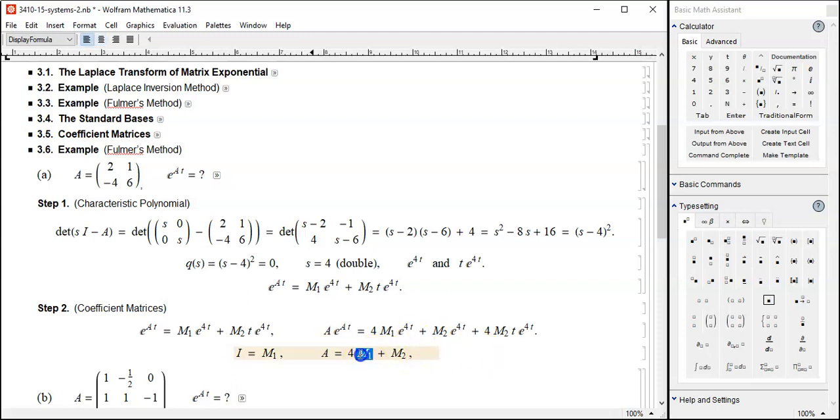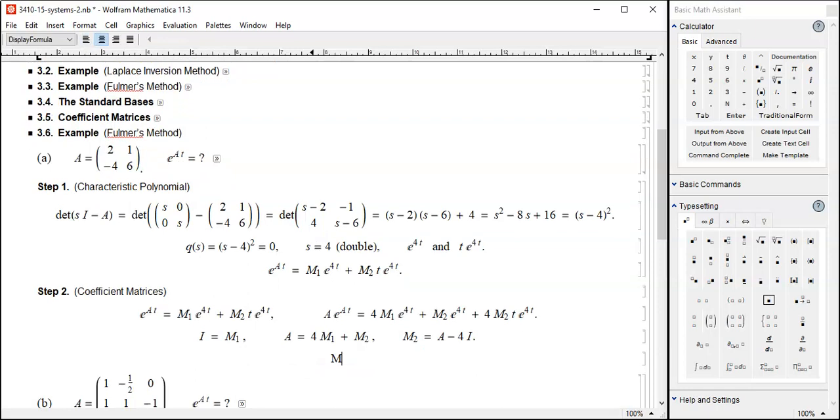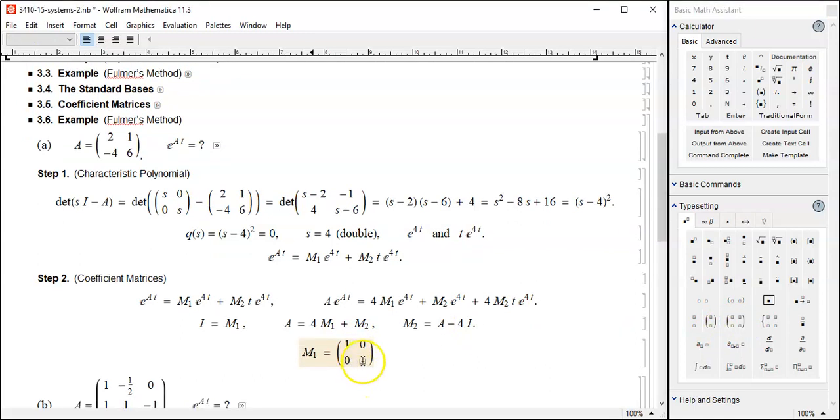Okay, M1 is equal to I, so I get M2 is A minus 4 M1, isn't it? But this is equal to I. Okay, looks like I got that. Not too bad, not bad at all. Okay, so M1 is equal to I, so 1, 0, 0, 1, all right.